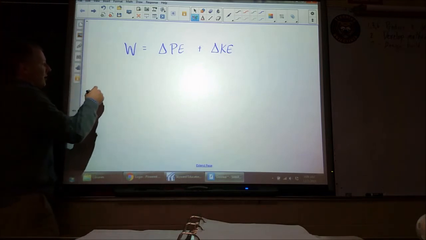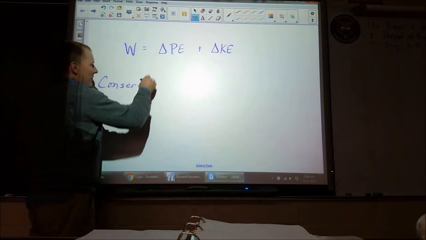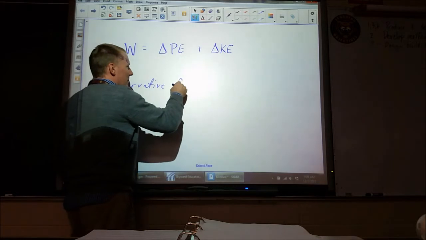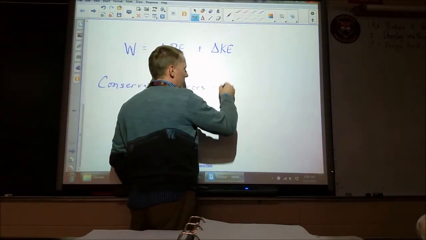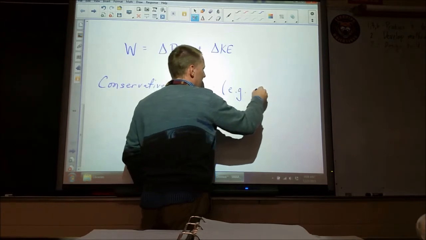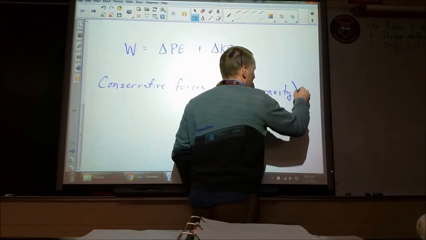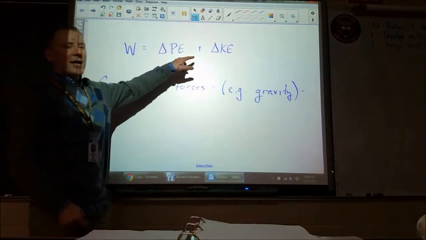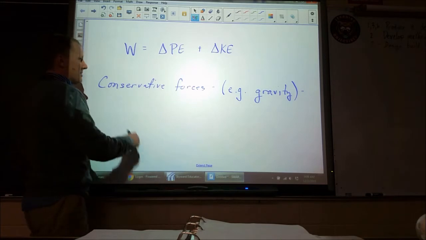If we're talking about conservative forces, gravity is a good example. Those don't change the amount of mechanical energy an object has.